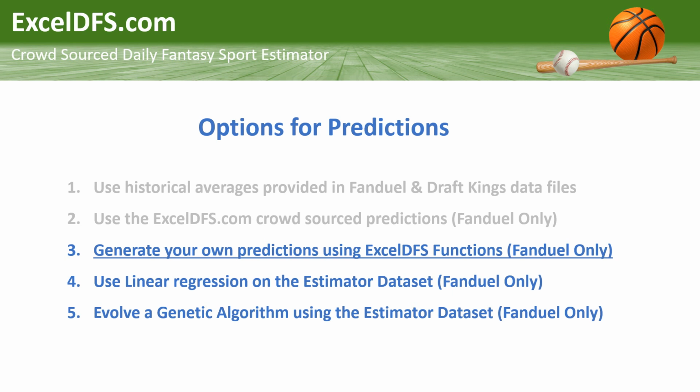But what I'm going to do is make the next video totally dedicated to linear regression, and the one after that genetic algorithms, because they are two very large subjects. So let's just play with generating your own predictions and introduce you to functions, because functions are very powerful tools that will allow us to harness the power of the data set.